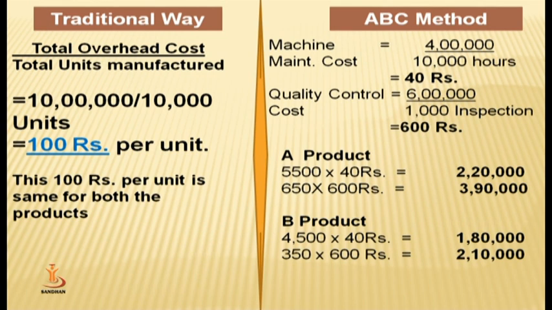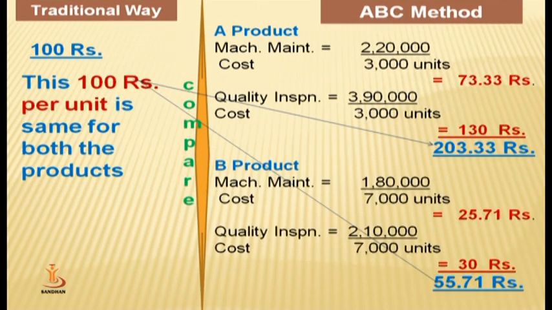In product B, the cost is calculated the same way. We'll see again how it is calculated. In ABC, for product A, the machine maintenance cost is divided, so now we find the overhead rate. 2,20,000 total machine cost divided by 3,000 units gives an overhead rate of 73.33 rupees.